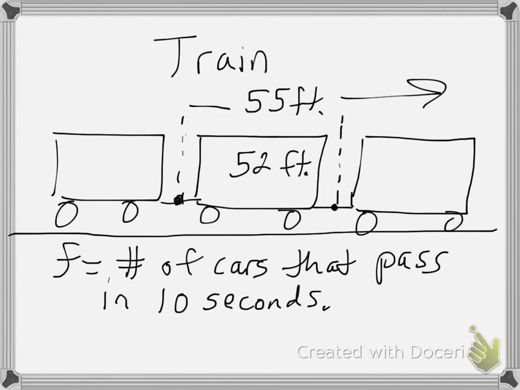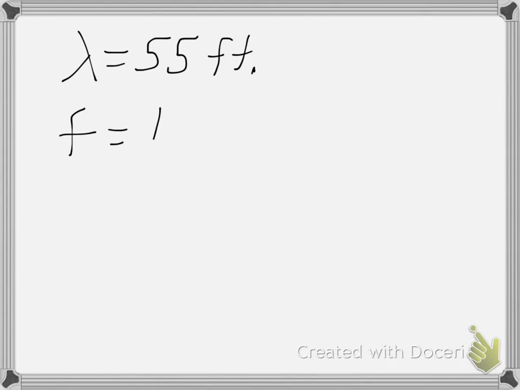Let's say I have train cars whose wavelength is 55 feet, and for the frequency, let's say there are 10 train cars in 5 seconds' time.